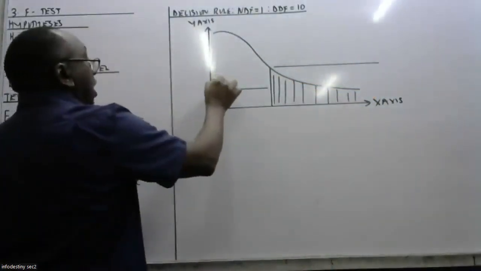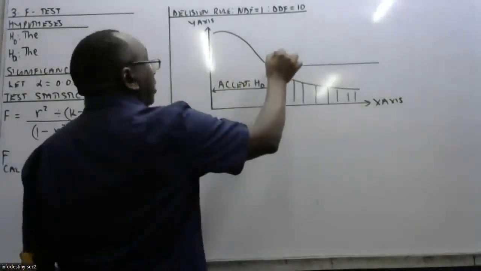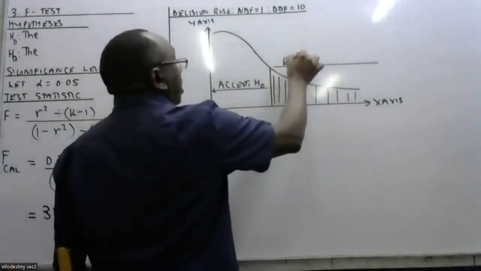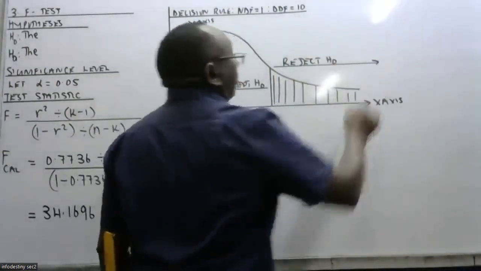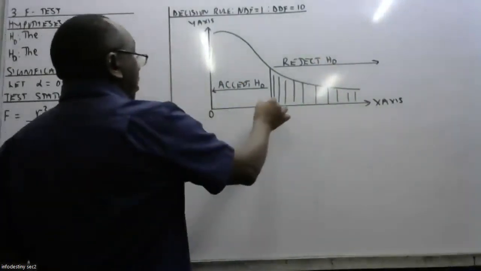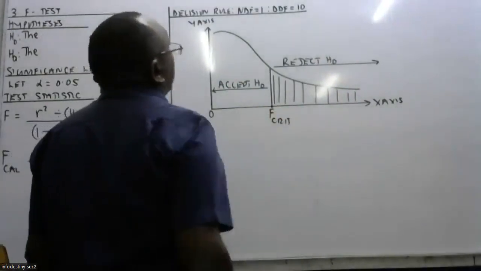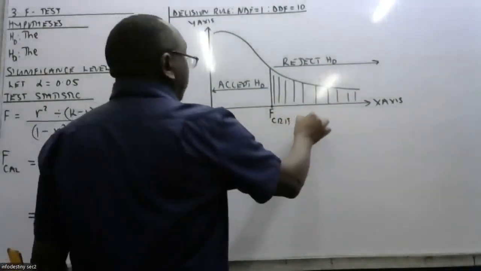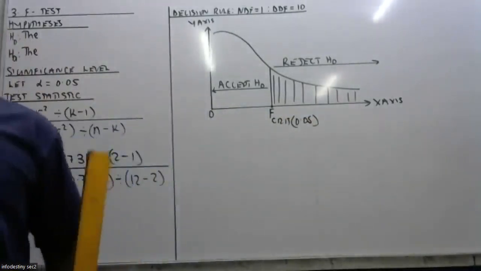Here we will say accept null, and here we will say reject null. If you're on that side, this is 0 here, and this is F critical. Obviously at 0.05, that's the significance level.